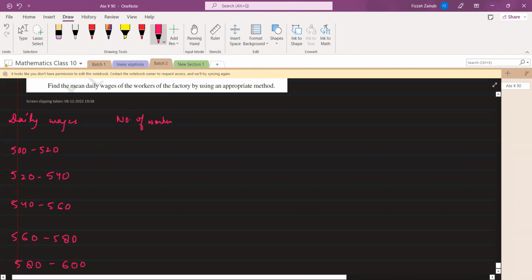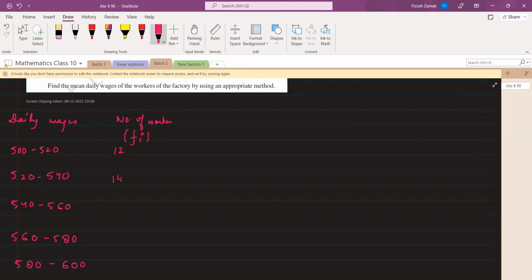Number of workers will be your Fi. The corresponding frequencies are 12, 14, 8, 6, and 10, right?